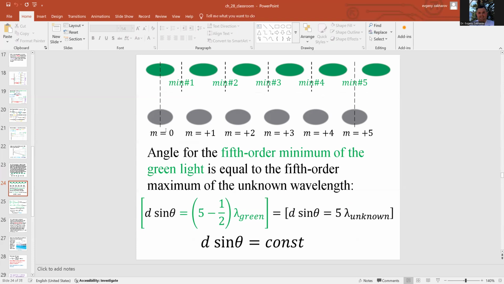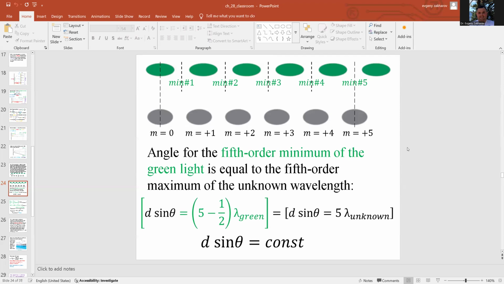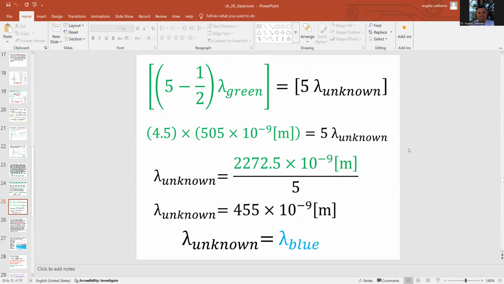Don't forget we start from 0. It's another common mistake. People start counting 1, 2, 3, 4, 5, when in fact it is actually 0, 1, 2, 3, 4, 5. I guess that's it for this problem.